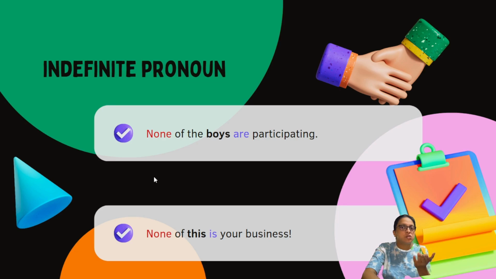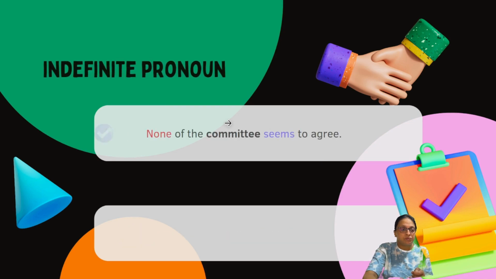So instead of saying this is not your business, I can say not any part of this is your business, or none of this is your business. Because this is an uncountable pronoun, we are using a singular verb here, because the rule says that none with an uncountable noun or pronoun will take a singular verb, and none with a countable noun or pronoun will take a plural verb. Okay, let's move on.